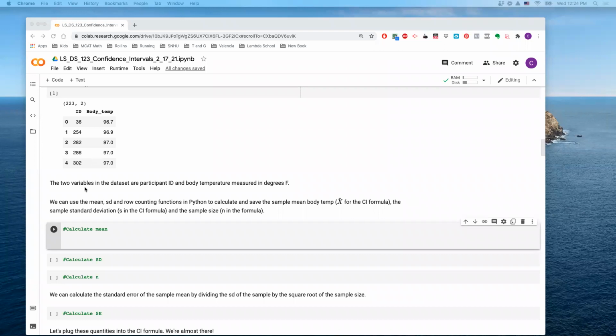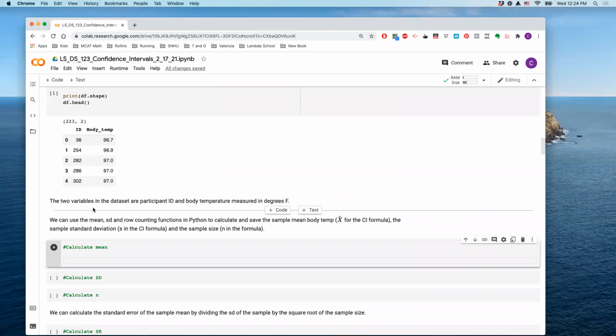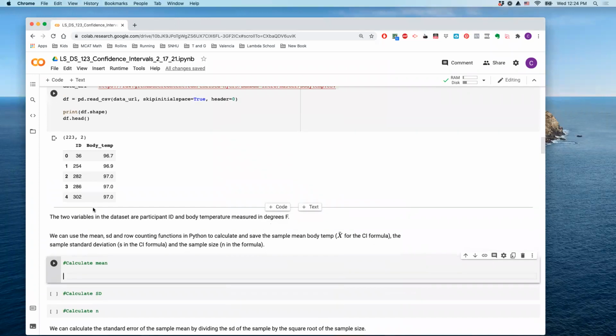Very good, mean. I'm going to assign all these quantities to actual variable names because I'm going to want to make use of them later. So I'll say mean_body_temp is equal to, I called this data frame df this time, df body temp dot mean.